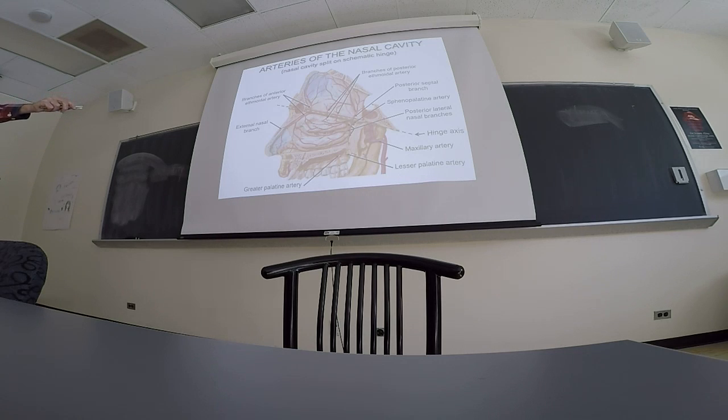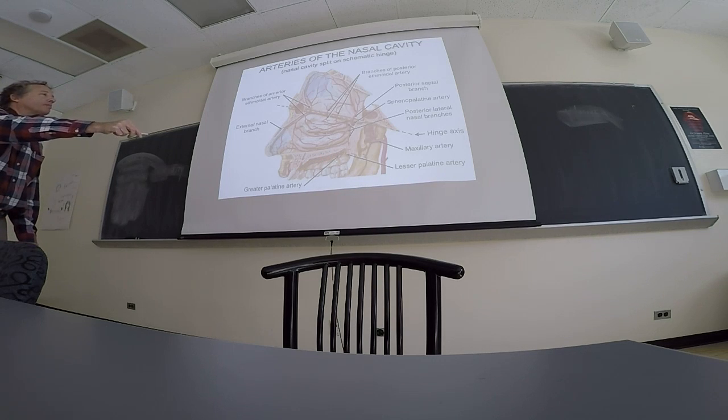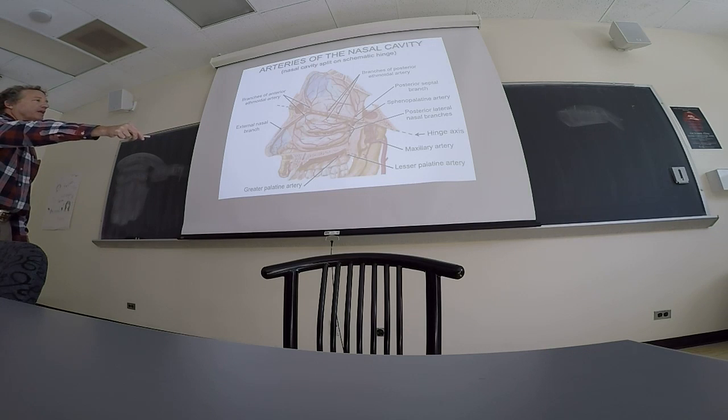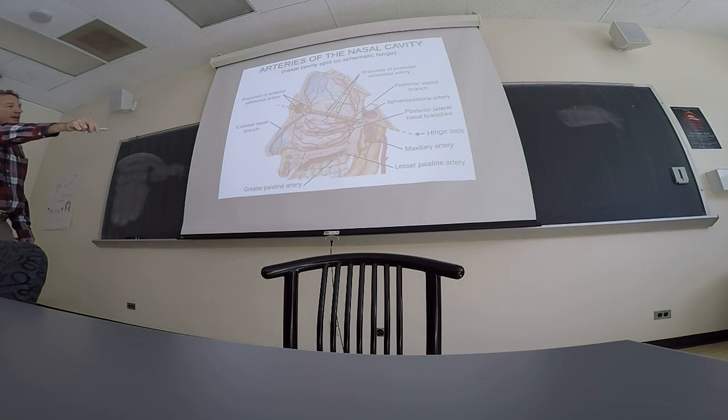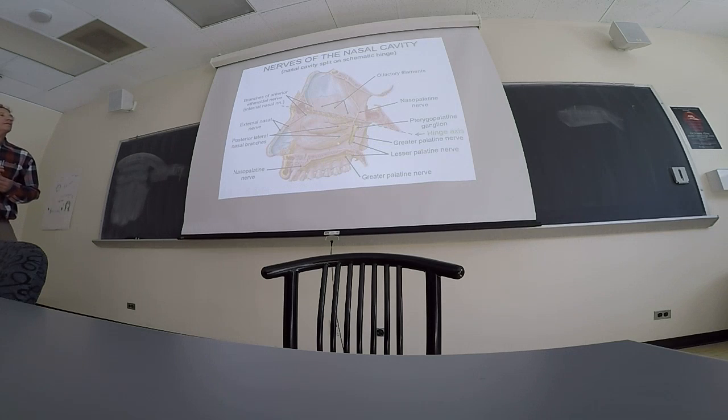And here are these palatine branches that are hitting down here, which end up on the upper part of the maxilla, the lower part of the hard palate, and the lesser palatine branch coming down there. So it's the same view. Branches coming out of here, most are going forward to do the inside of the nose. There's also branches that are coming down to do the palate. And later we'll dig into the area lateral to the nasal cavity and find these structures in the pterygopalatine fossa.